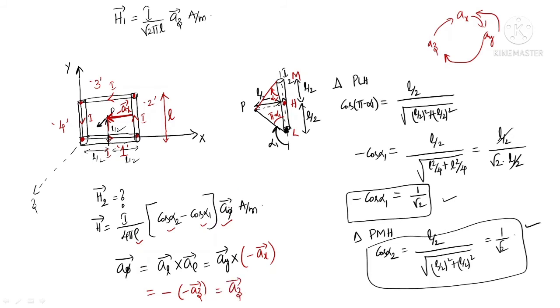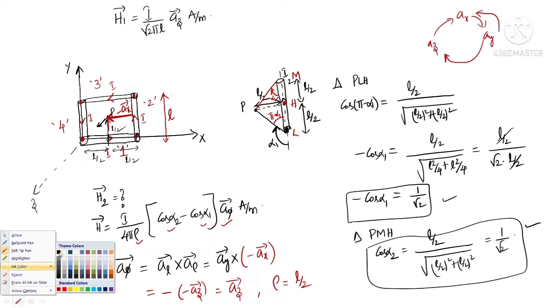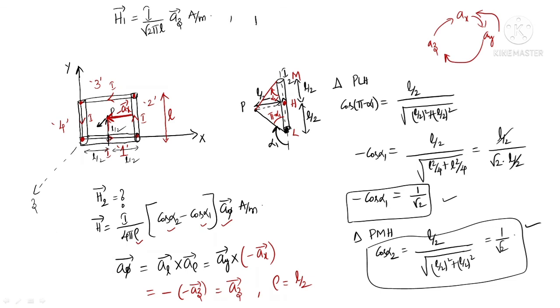Now I got the A phi bar value, cos alpha 2 value and cos alpha 1 value. And what is rho? Rho is the perpendicular distance from the conductor to the point of interest, and this value will be L by 2. Substituting all these four values in this expression, let me write H2 bar. I by 4 pi into L by 2.